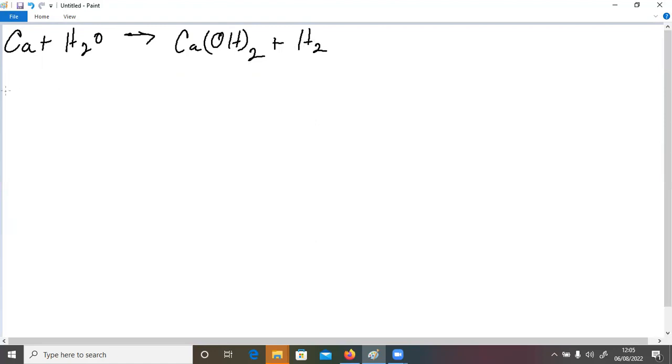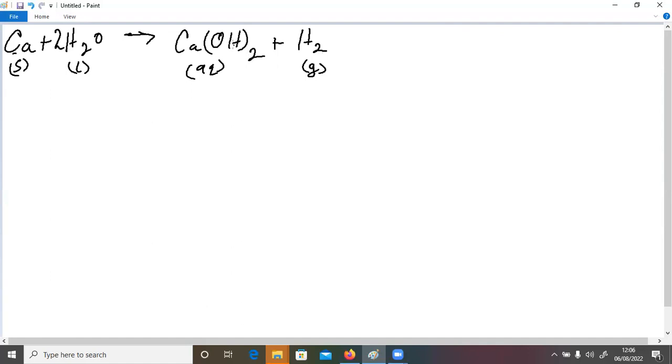Again, the state symbols are important: solid, liquid, aqueous, and gas. Next, balancing this equation. One calcium on the left, one calcium on the right, that seems okay. 2 hydrogens on the left, 4 hydrogens on the right. Those are not balanced, so we need to add a 2 there.